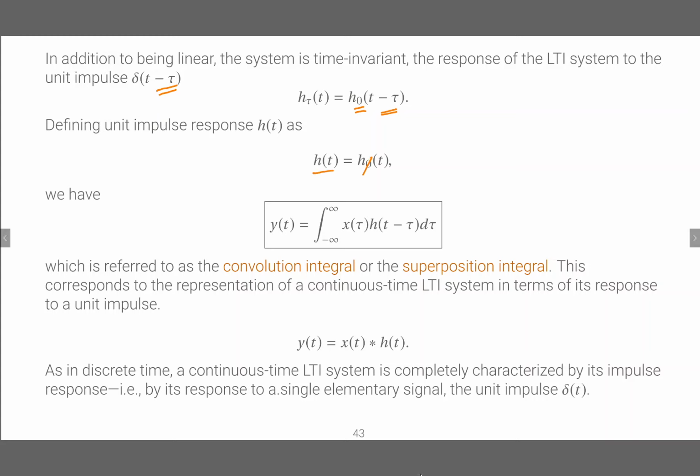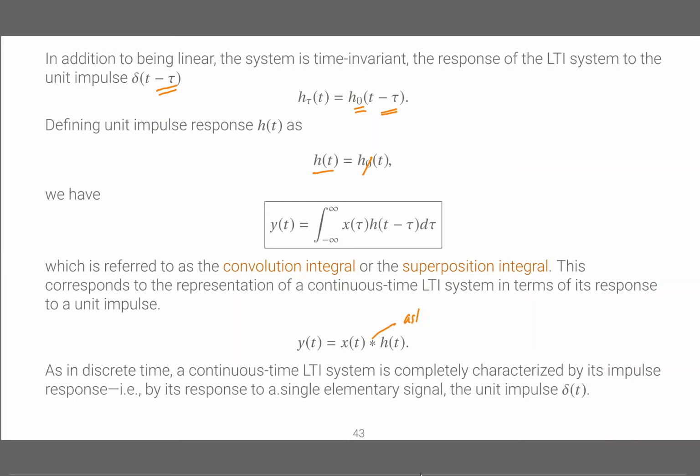Therefore we have y(t) equals integral from minus infinity to infinity x(τ) h(t − τ) dτ. This is the all important convolution integral, which is referred to as the convolution integral or the superposition integral. This corresponds to the representation of a continuous time LTI system in terms of its response to a unit impulse.